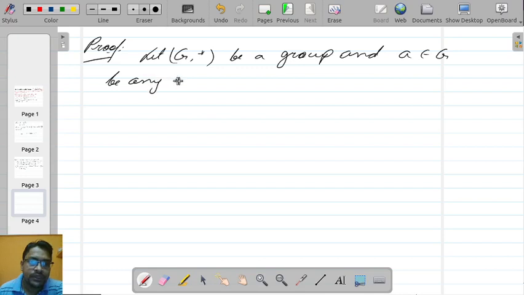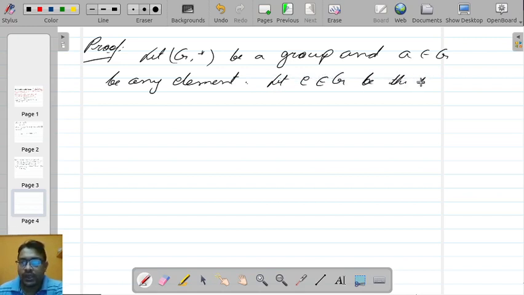Be any element means we are starting with an arbitrary element of G. That is why this line is important. Also let E belongs to G be the identity element.